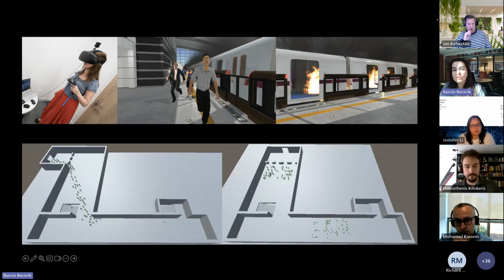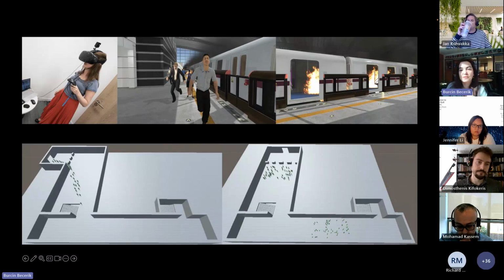They're also homogeneous with little behavioral diversity, and their interactions with the environment are usually predefined, lacking the ability to adapt to dynamic changes that you would see, such as fire or debris in these kinds of emergencies.